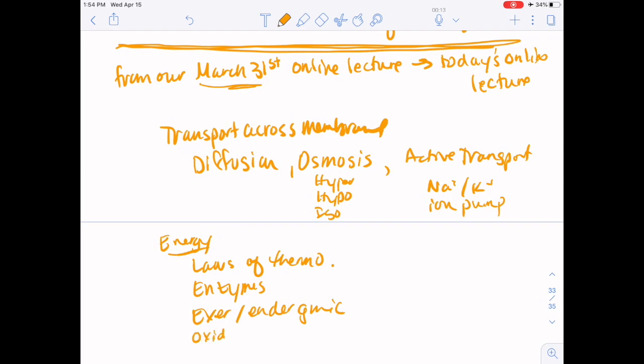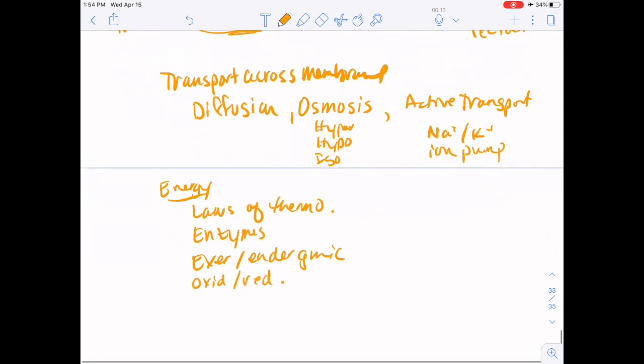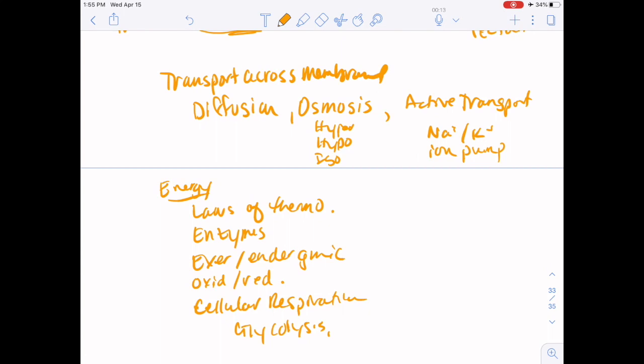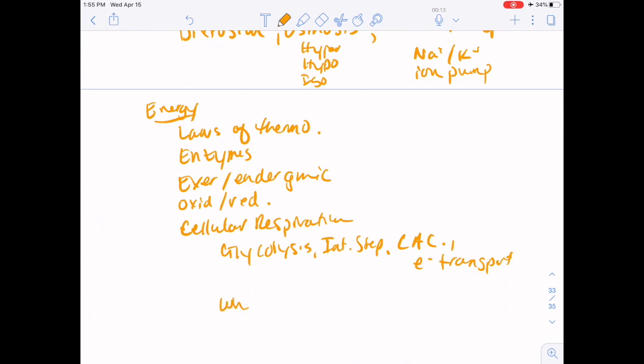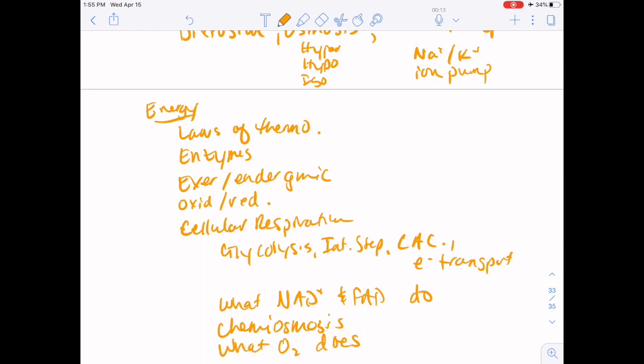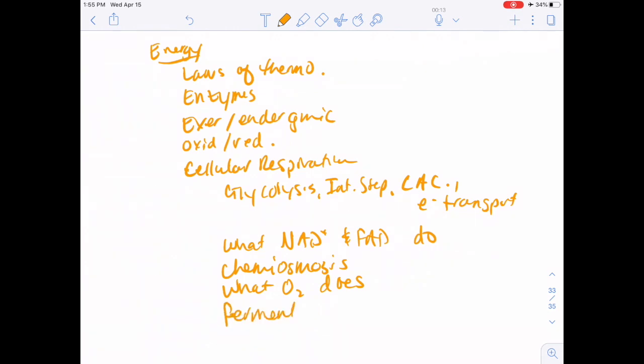We also talked about oxidation and reduction reactions, and then the whole process of cellular respiration, glycolysis, intermediate step, citric acid cycle, and electron transport, and also what NAD plus and FAD do, and also the whole process of chemiosmosis and what oxygen does. And then finally, fermentation.